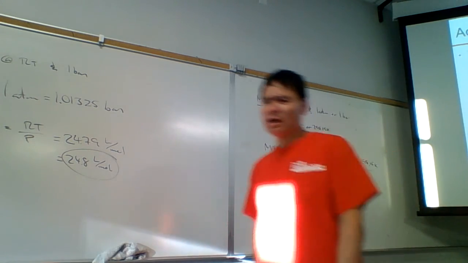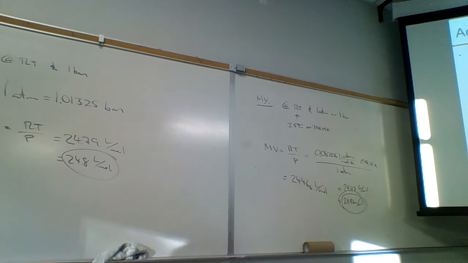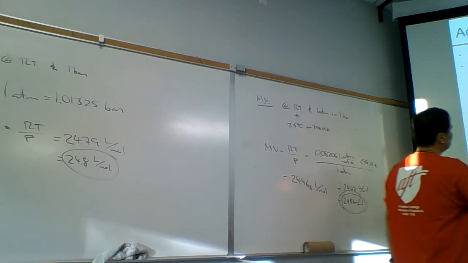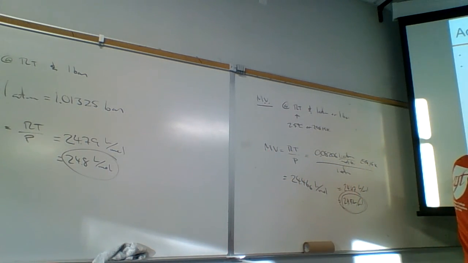If we did the molar volume of air at 11 degrees C and 1.33 atmospheres, it comes out to 17.5 liters. So it's quite a bit smaller. It's because of the lower temperature and the higher pressure, 1.33 atmospheres. Well, it's a combination.